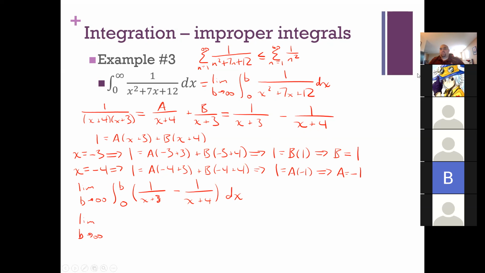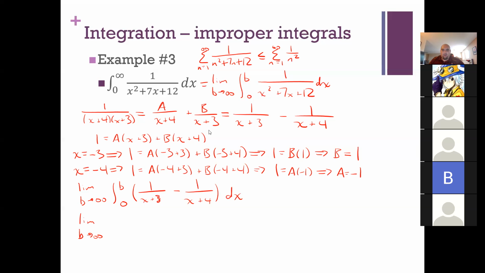And I got chat messages. Why the 1 over x plus 3 minus 1 over x plus 4 again? So let me answer that question with this question. Are we okay with the values of a and b that I found? Yep. Okay.